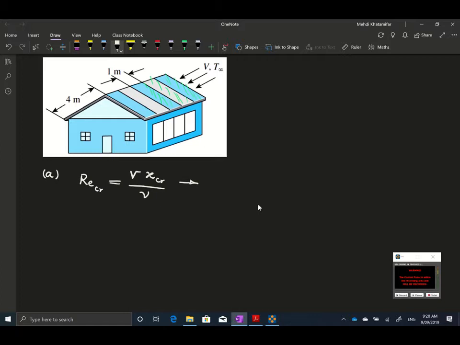Therefore, the critical length for this case is going to be the critical Reynolds number multiplied by nu divided by velocity. From the table, you need to find the viscosity, from table A15.